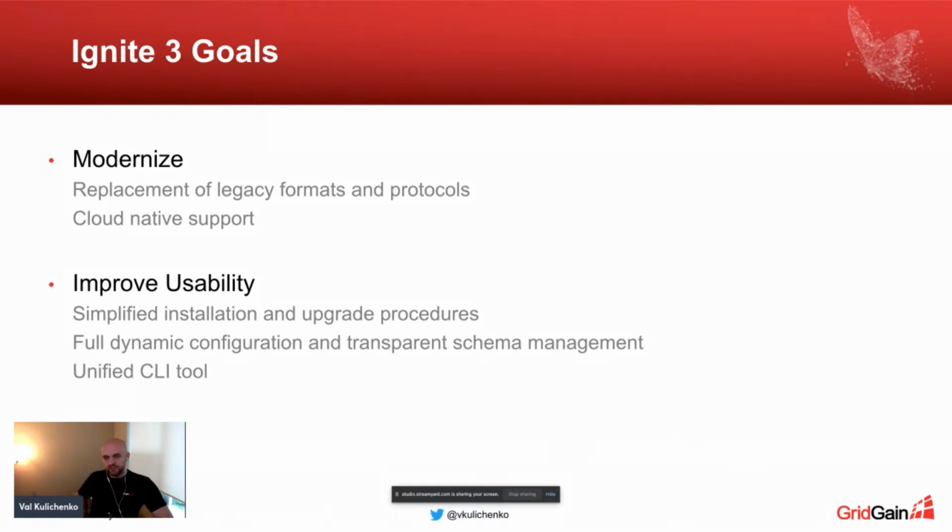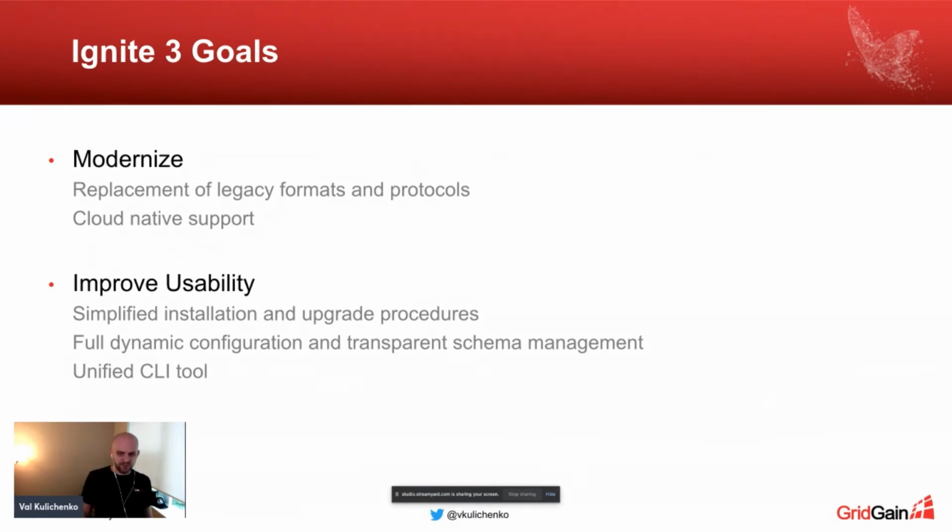The product never went through any transformation in terms of API change and architectural change. And because of that, it's not always easy to use. It's a very flexible, powerful platform, but especially for newcomers who go to the Ignite website, download the product, and try to run it, it's not always super intuitive, and we want to fix that as well.